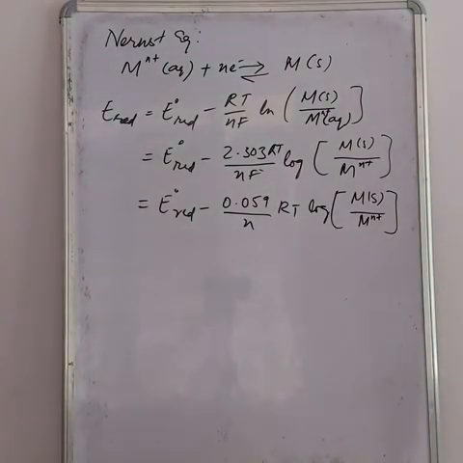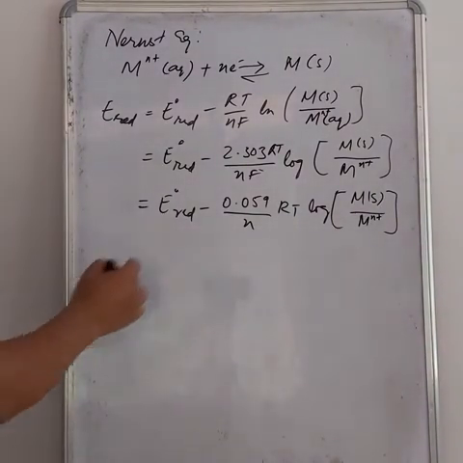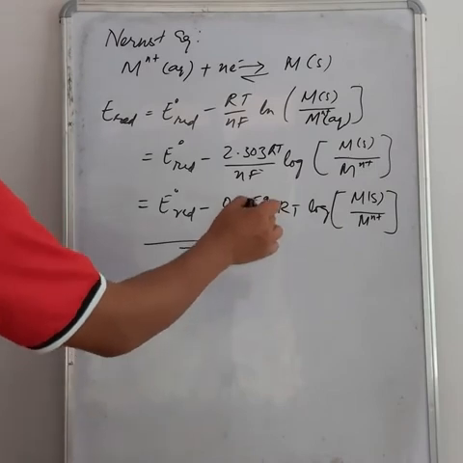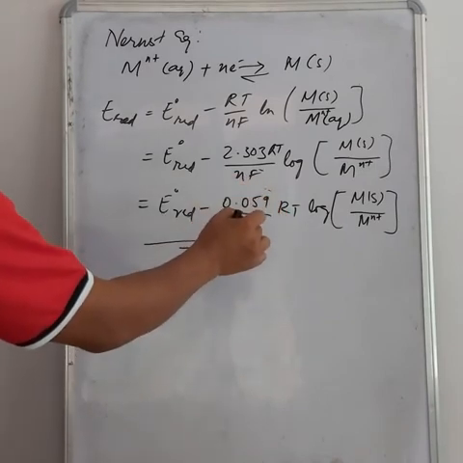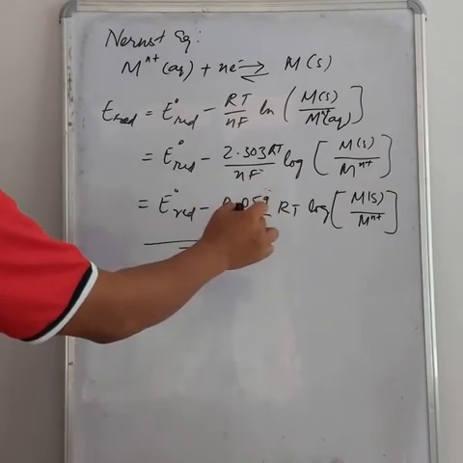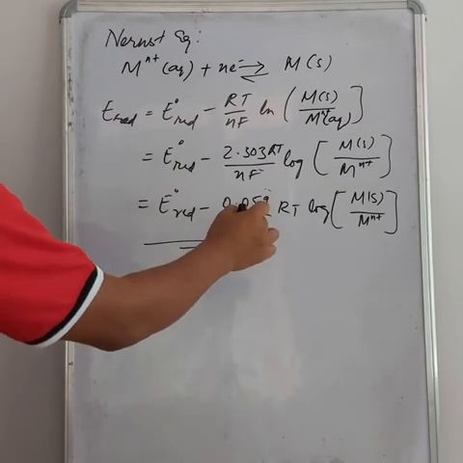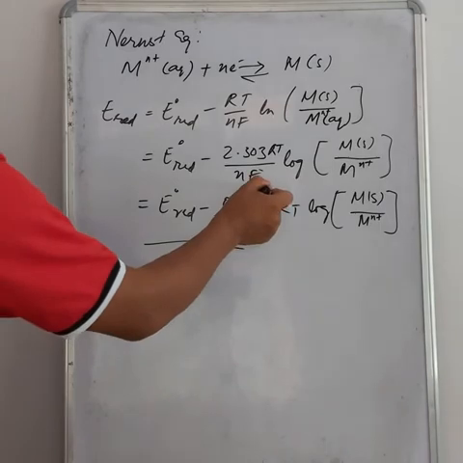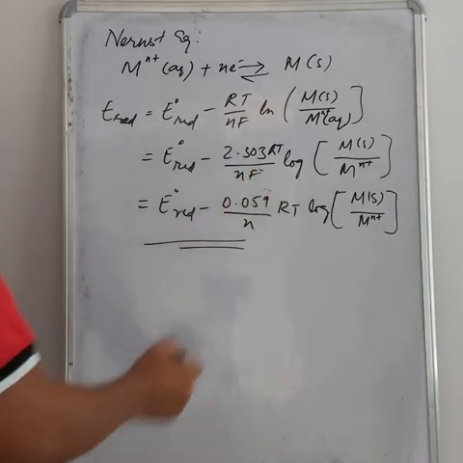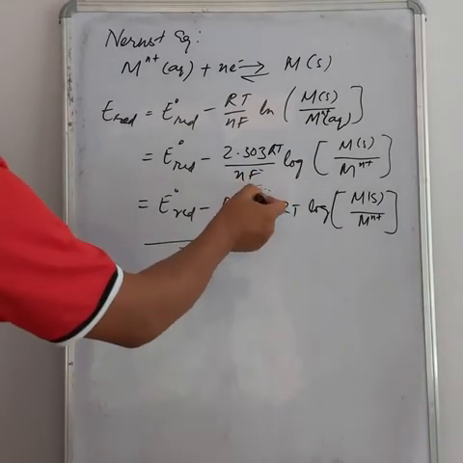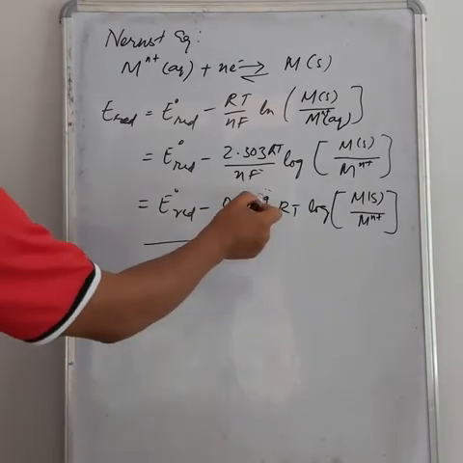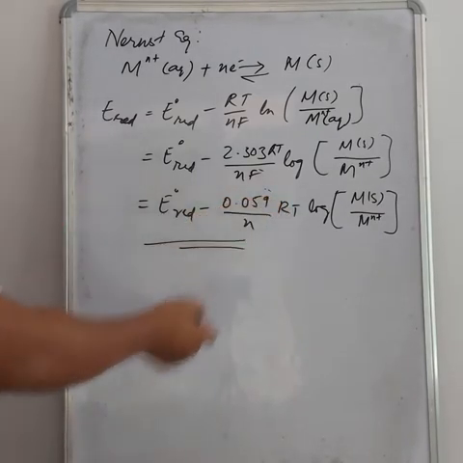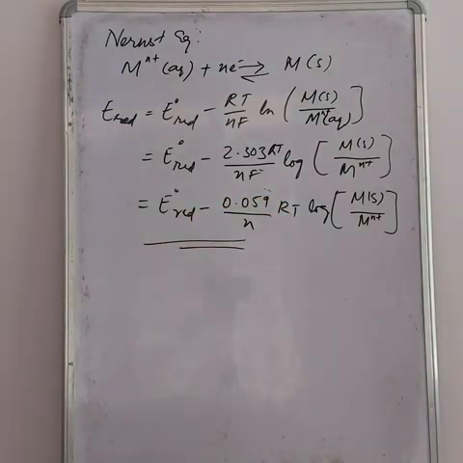So that is our final equation, the Nernst equation, which suggests that if only one electron is transferred during the reaction, we get around 60 millivolts, 59, it's around about 60. So for one electron transfer we need 60 millivolts of energy.